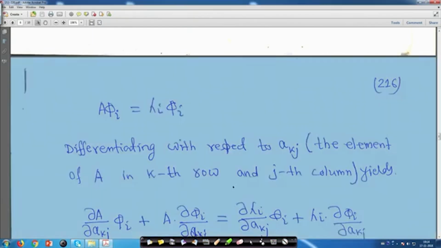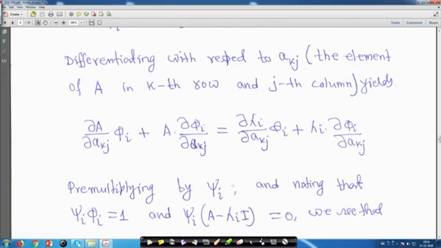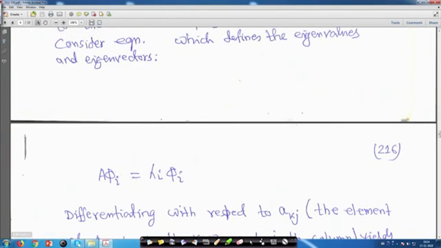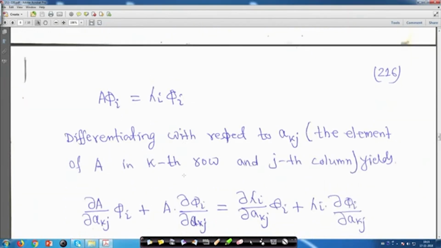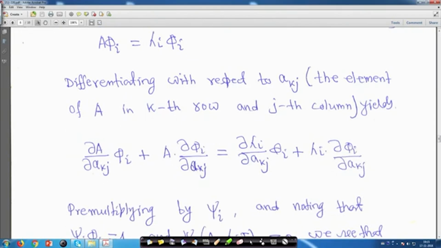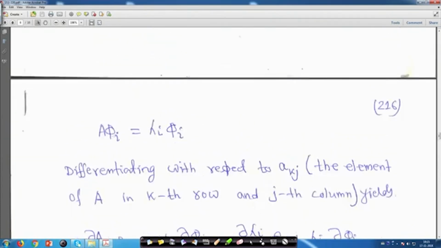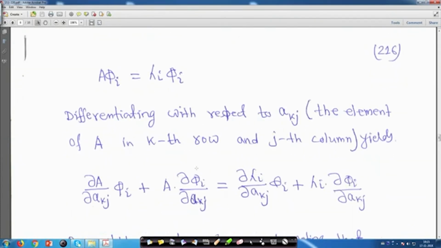If you take the derivative of A phi i equal to lambda i phi i, then the left hand side is delta A by delta a k j into phi i plus A into delta phi i by delta a k j, and the right hand side is delta lambda i by delta a k j into phi i plus lambda i into delta phi i by delta a k j.